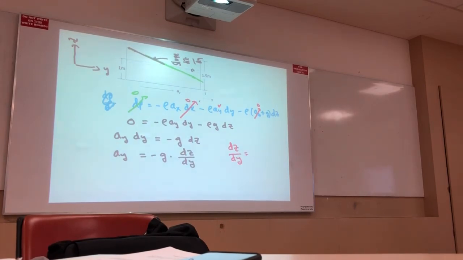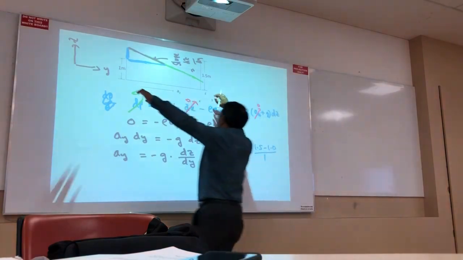1.5 minus 1.0, correct, by the distance from here to here. Total is 2, right? They tell me from here to here the distance is 2 meters.